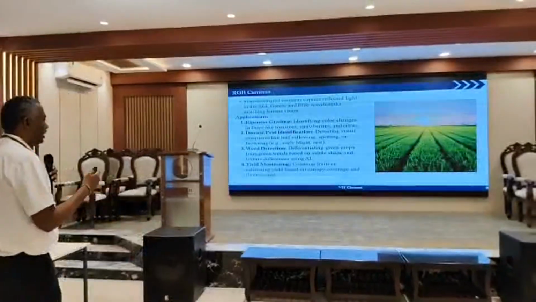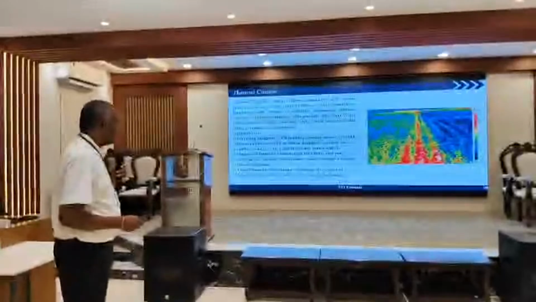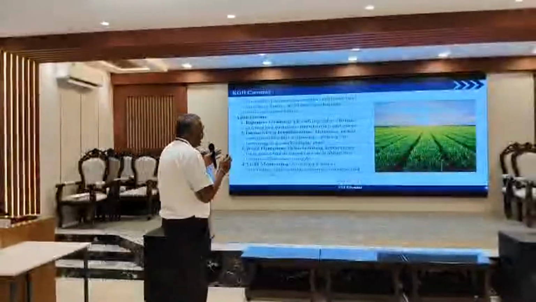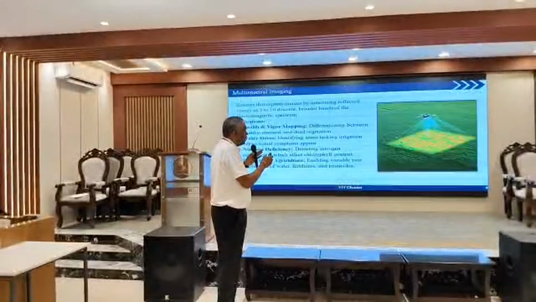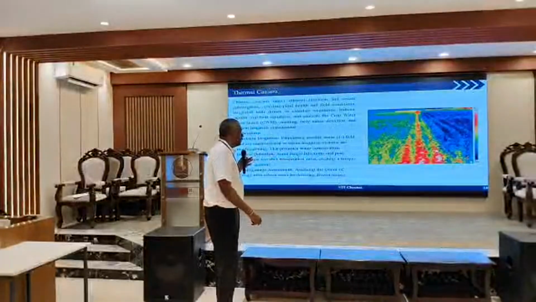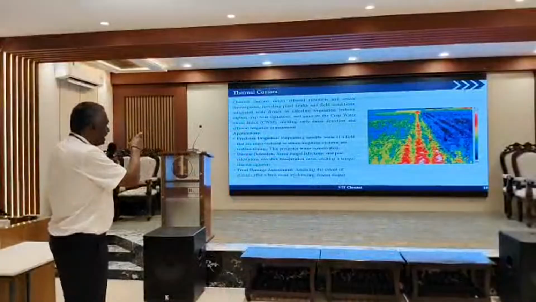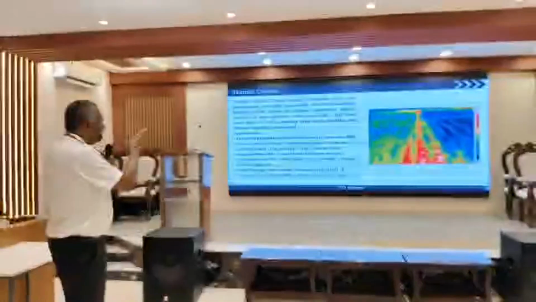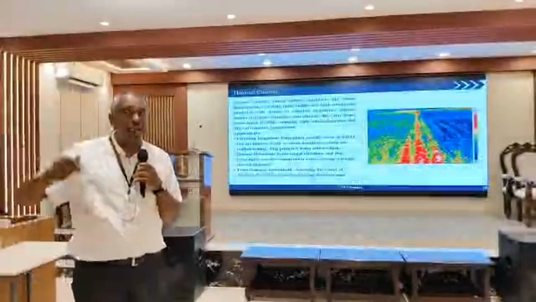We can skip this. RGB cameras, multi-spectral imaging: with RGB cameras we can use only a limited region, and coming here the bandwidth is increased. Here you can see the thermal cameras show the crop heat signatures and the crop water stress index, which is very difficult to identify from the remaining three cameras.